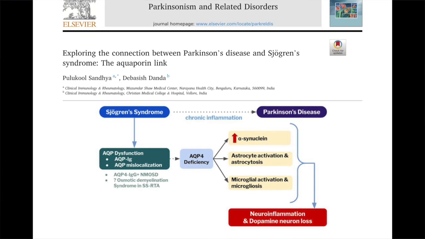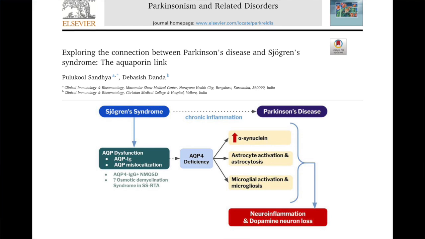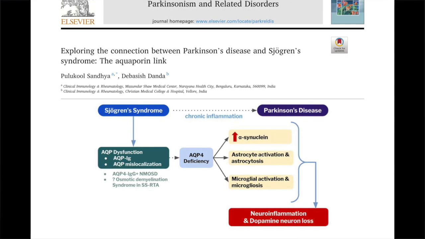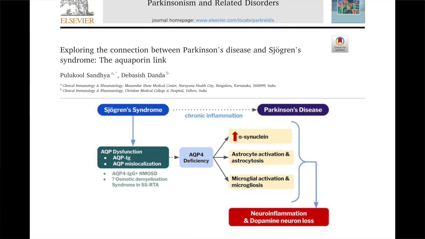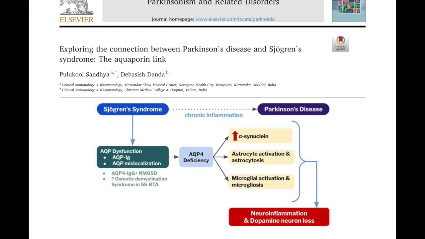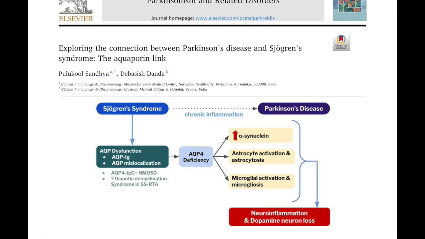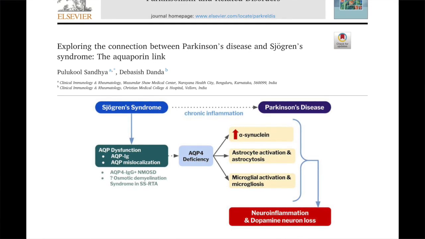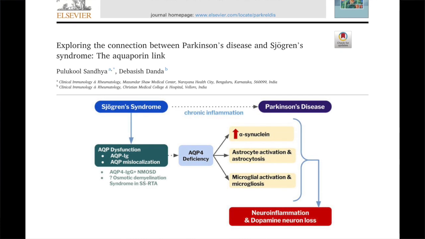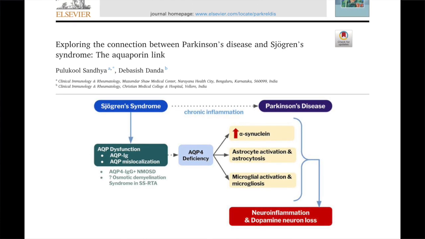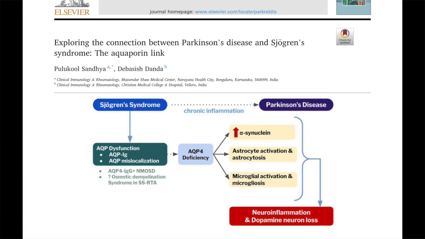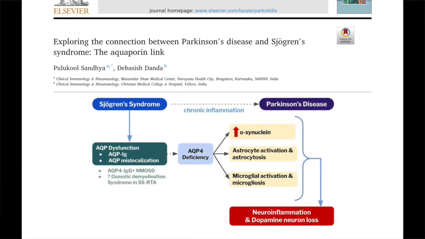Also in Parkinson's disease, we have preclinical and clinical evidence suggesting a dysfunction of the aquaporin system. In particular, preclinical studies suggested that the aquaporin dysfunction can exacerbate neuroinflammation and protein aggregation, the PD pathology, in animal models of Parkinson's disease.